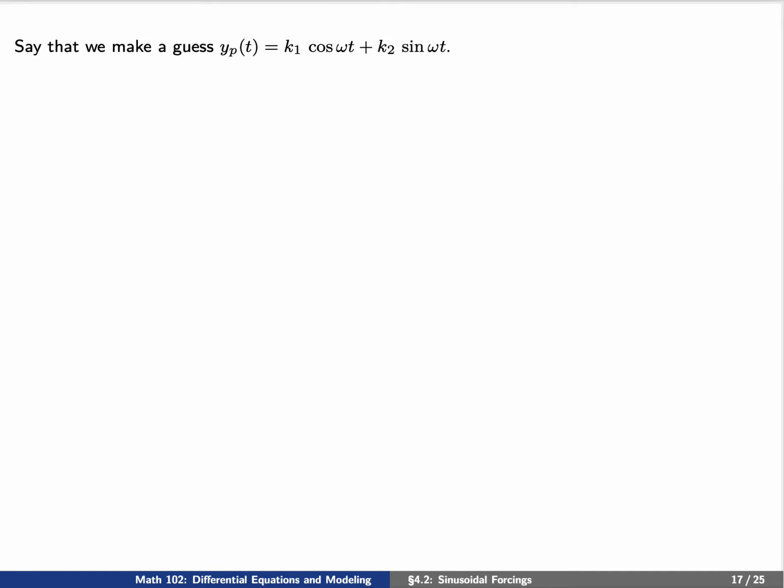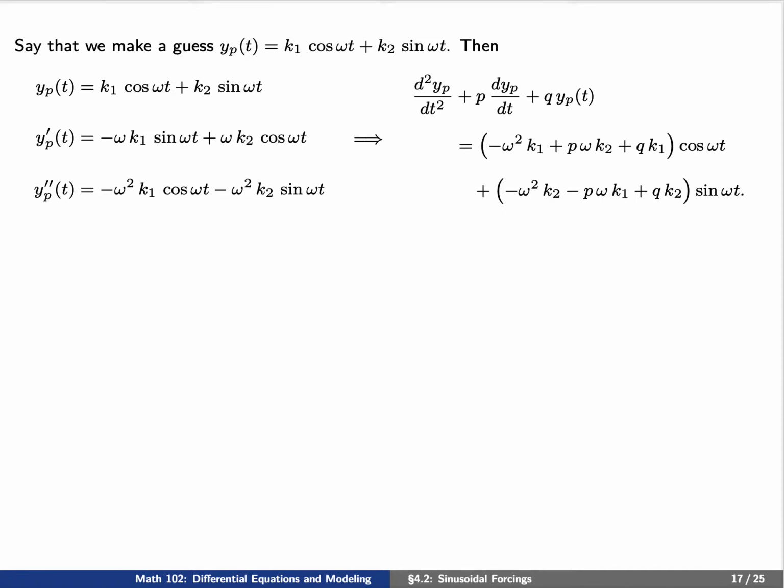Now we're going to use this to help us find a particular solution for this sinusoidal forcing. Let's make a guess that our particular solution is in the form lowercase k1 cosine omega t plus lowercase k2 sine omega t. If this is the case, then we can compute y, its derivative y prime, and its second derivative y double prime.